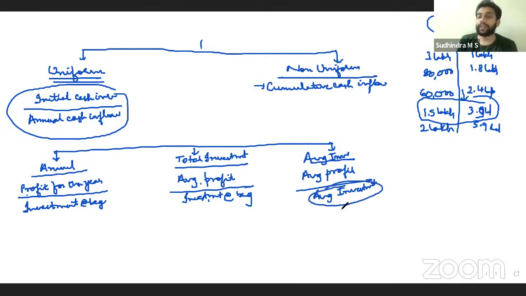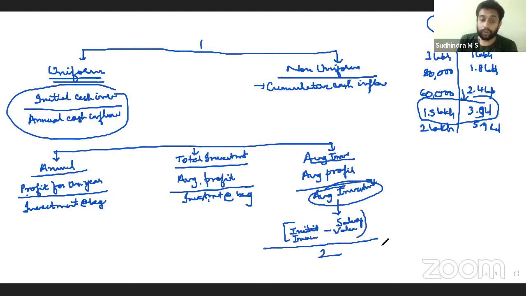What is this average investment? Average investment is not investment at the beginning plus investment at the end divided by 2. No. Average investment is initial investment minus salvage value divided by 2. This is the normal average. But to this, we will add back salvage value and add additional working capital.